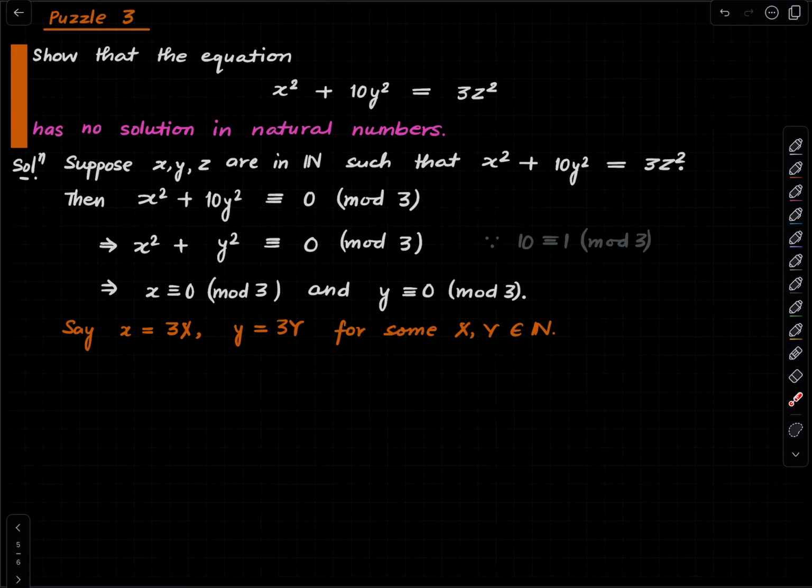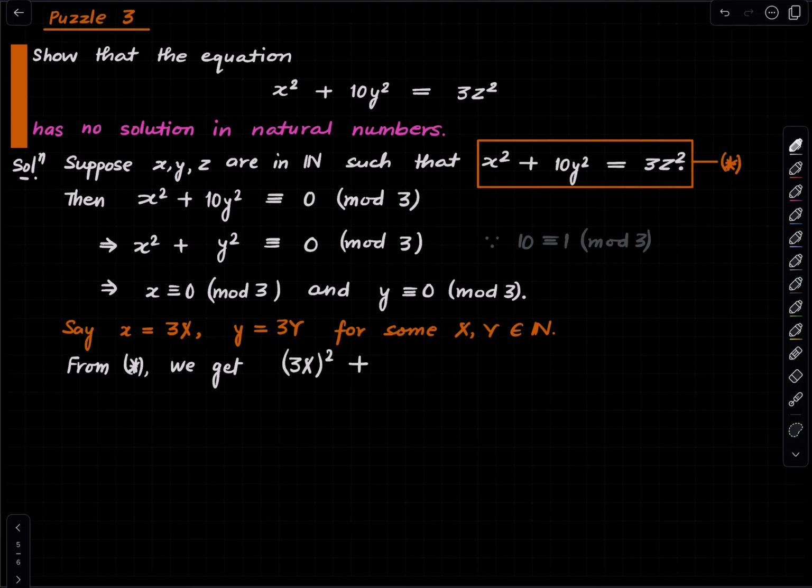Alright, so this equation, which we may refer to as star, so using this in star, that 3 times capital X whole square plus 10 times 3 times capital Y whole square is equal to 3 little z square, which implies, right? I've done nothing, just basic algebra.